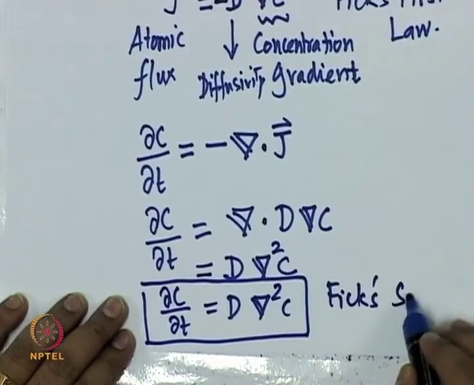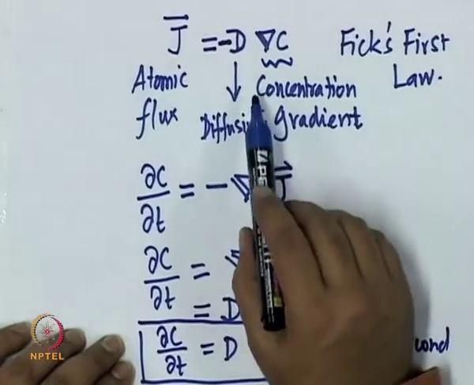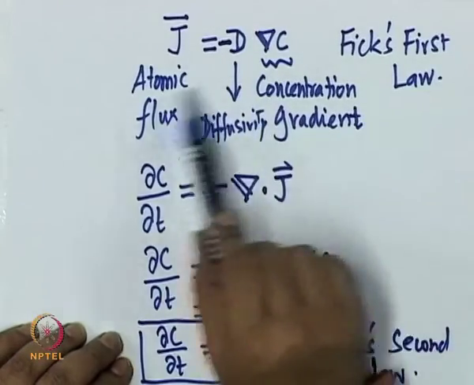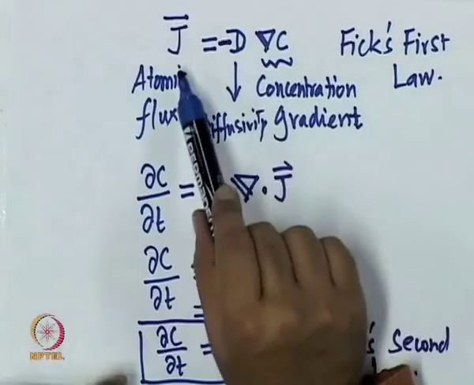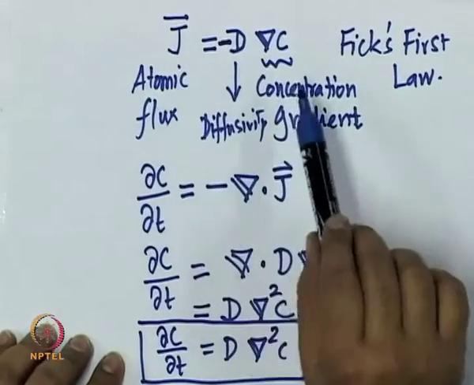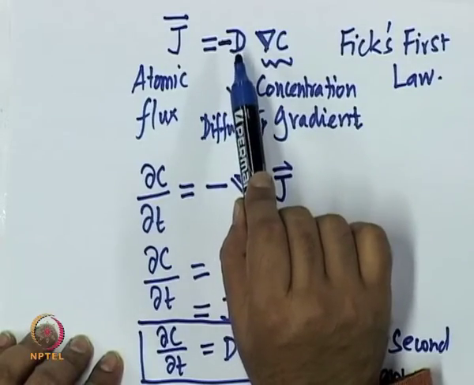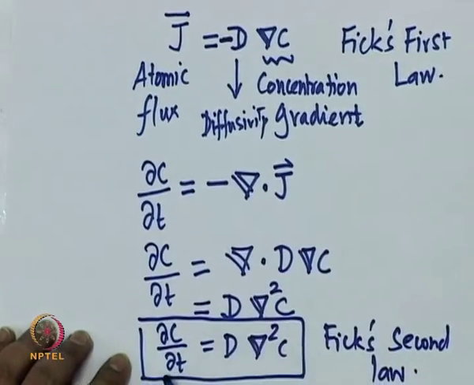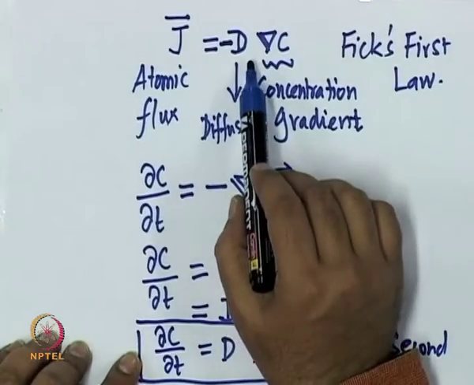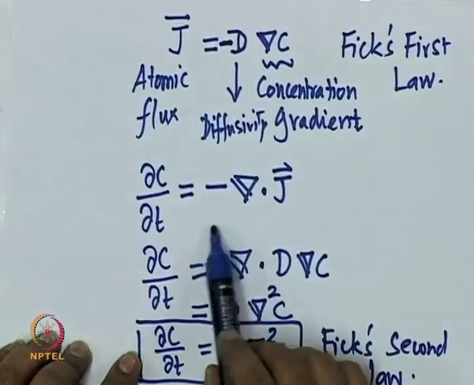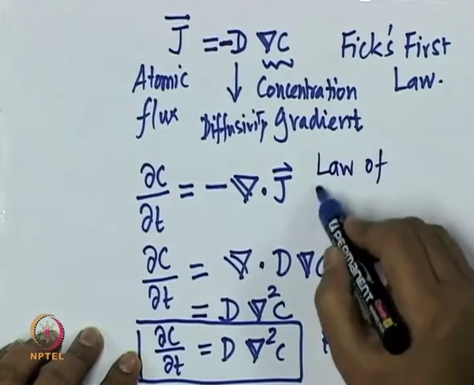Like I said, this is really not a law, this is a constitutive law. This tells about material behavior. Okay. This tells about what is the effect of concentration gradient on atomic flux in your given system, and the system dependent information is there in the diffusivity. However, this so called second law is nothing but this constitutive law combined with the law of conservation of mass.